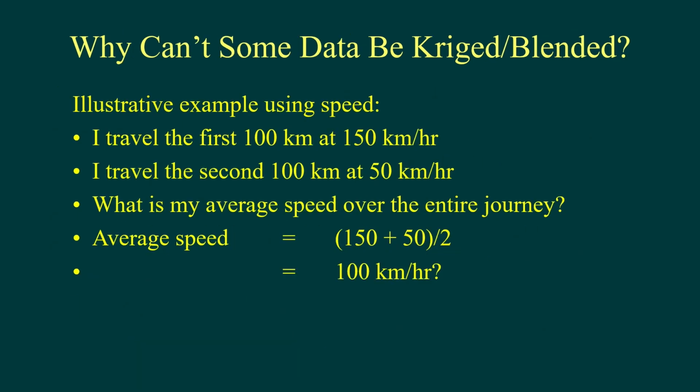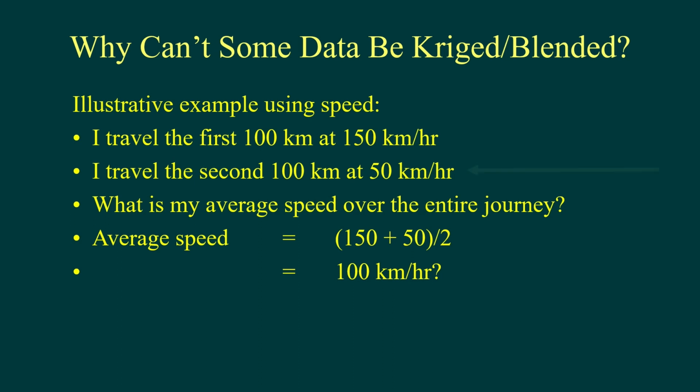So why can't some hardness parameters be Kriged or blended? And I want to use as an example this very simple situation concerning speed and a journey which is taken in two parts. The first part of the journey, I travel 100 kilometers at a fixed speed of 150 kilometers an hour.